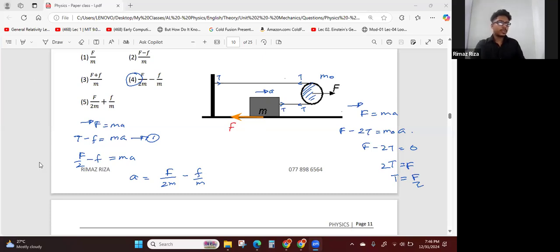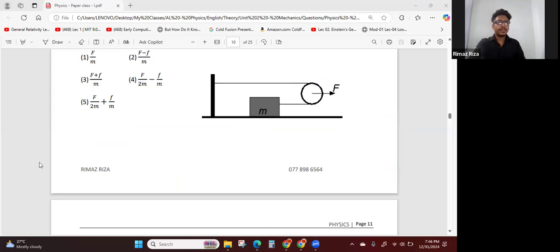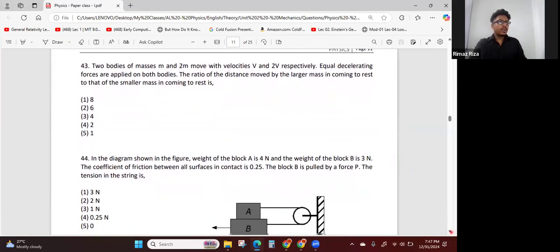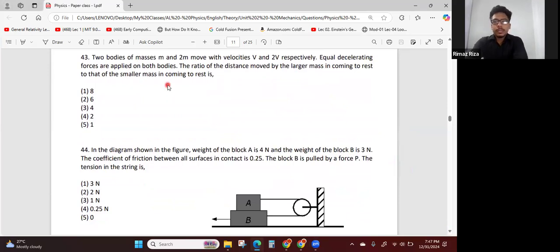Okay, let's move on to the next question. Two bodies of masses m and 2m move with velocities v and 2v respectively. Equal decelerating forces are applied on both bodies.